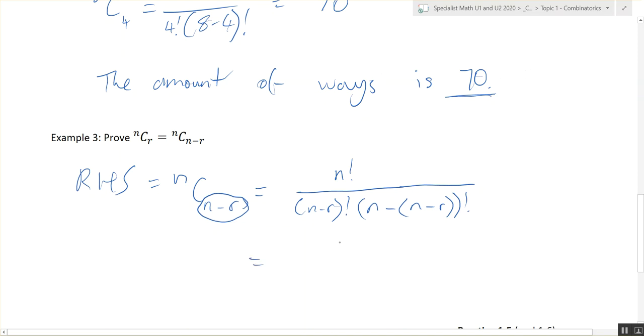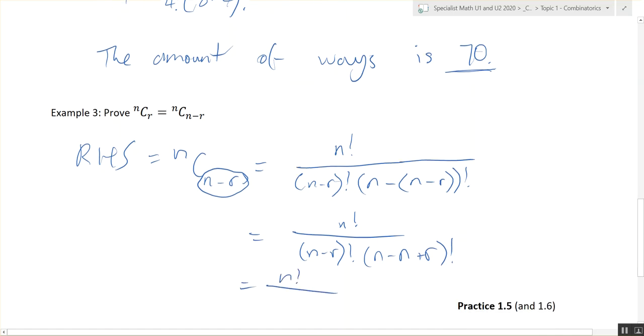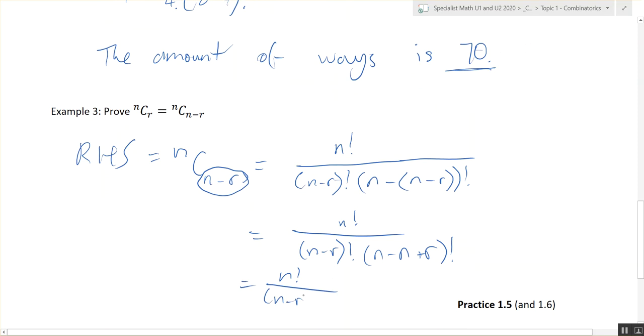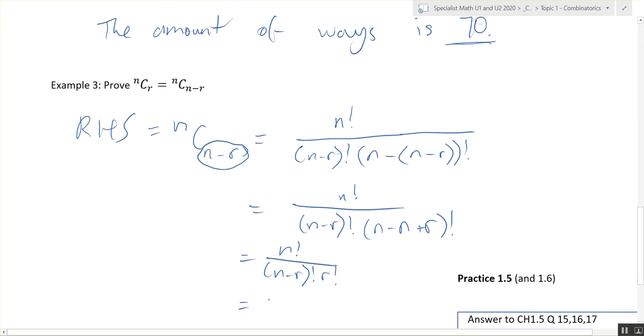So then we'll simplify the bottom row. That stays the same. This becomes N minus N plus R. And that becomes N minus R, and this simplifies to what? R, which is the NCR, which is the left-hand side.